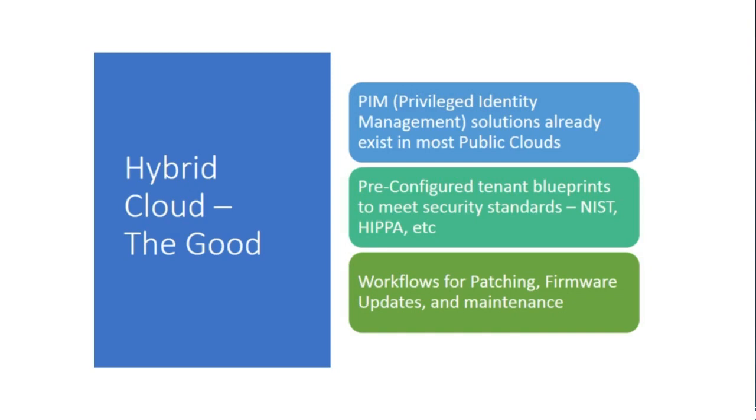Well, most organizations don't have somebody that can monitor that all the time. So Azure PIM monitors it for you. And if someone all of a sudden is given access to a different part of your public cloud tenant, you get an alert, you get a report, you get notified immediately so you can be proactive rather than reactive when you get an auditor down the line that says, why did this happen?